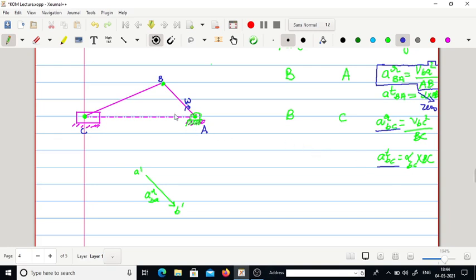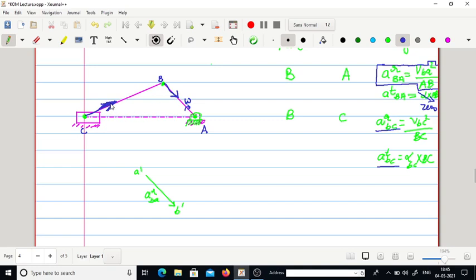And what would be the direction? The direction of the acceleration will be from point C to B, just like the earlier one, where the direction was from B to A.